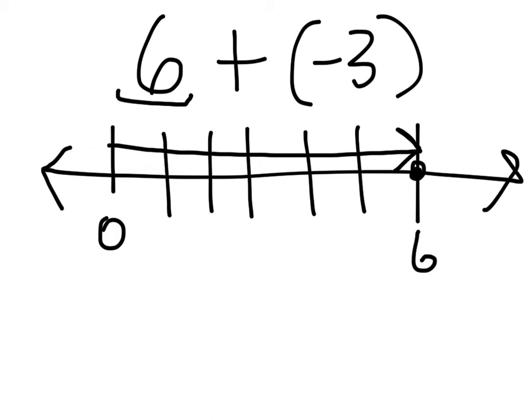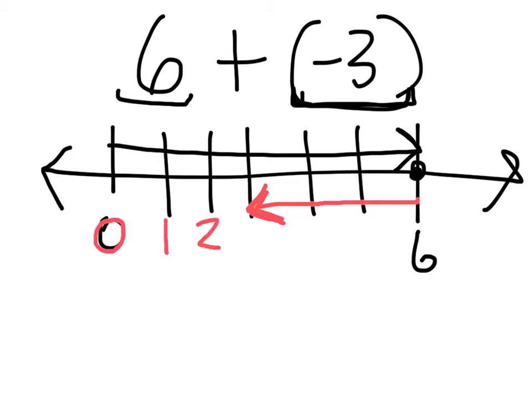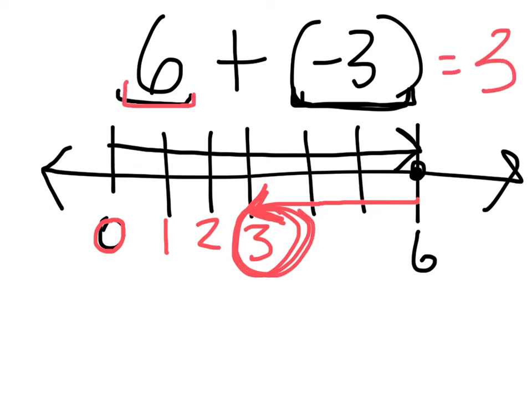But now we need to add -3. So if we're moving in a negative direction, that would be to the left. So where I ended, I move 1, 2, 3. The number that I have stopped at, we count 0, 1, 2, 3. So my final answer is +3. 6 plus -3 is +3.